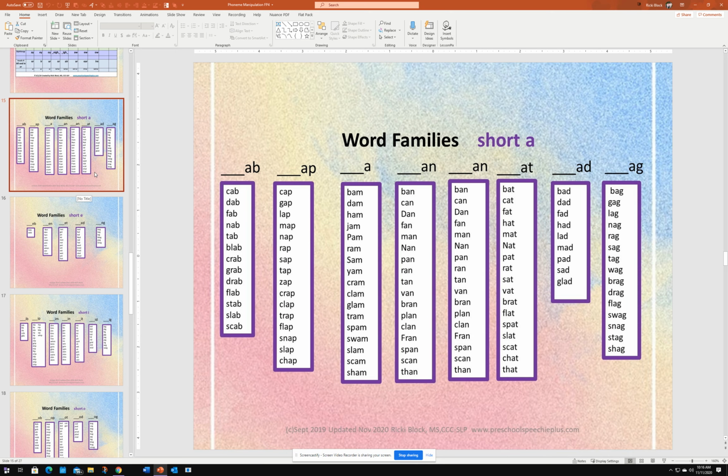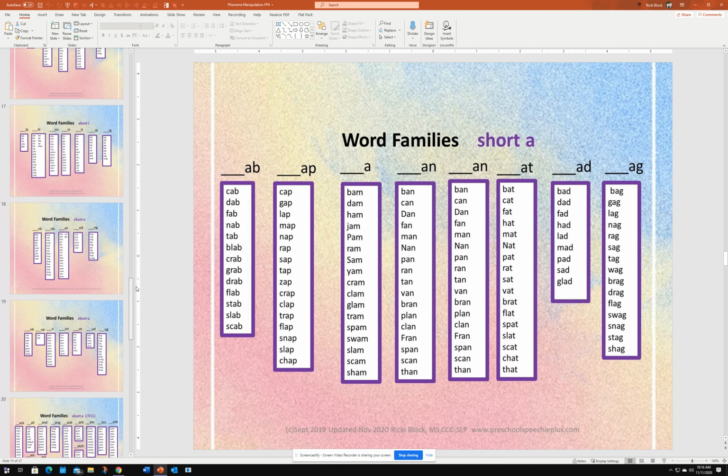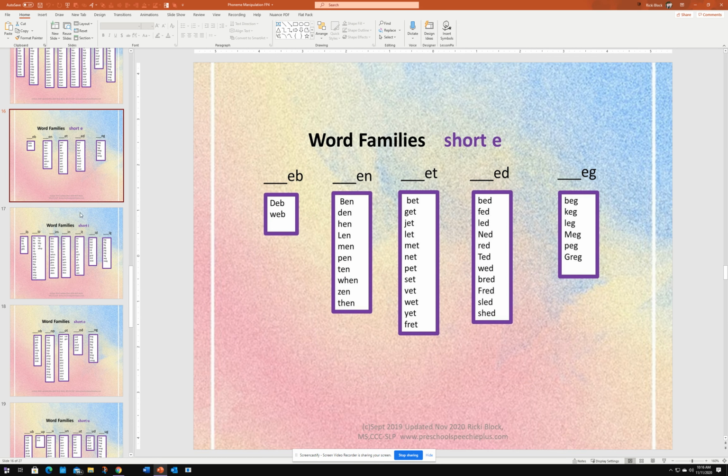The next section are all the word family charts. There are 89 word family charts with all the words in them, so that you've got basically little answer cards so that you can check this list against the list that the student has made. And there's quite a few.